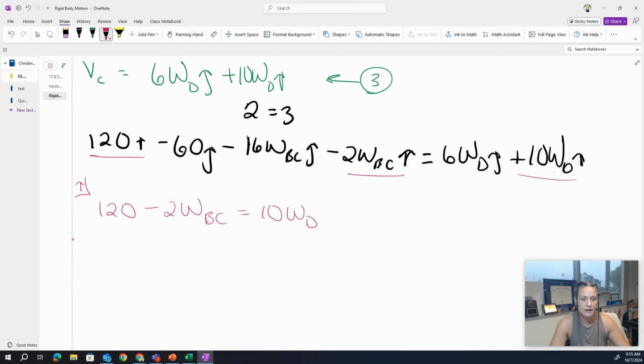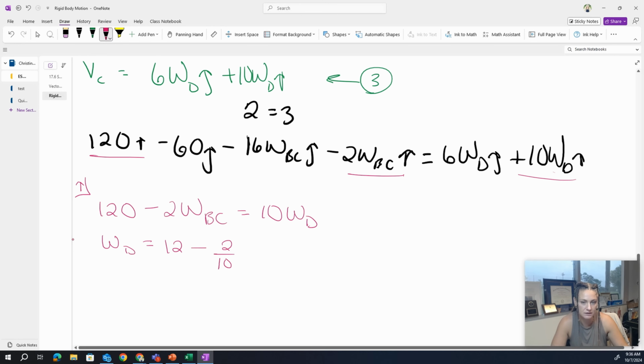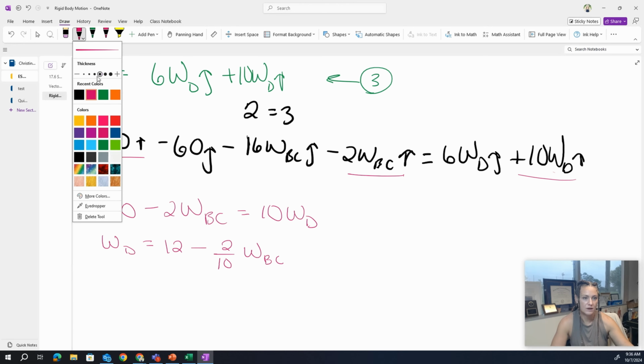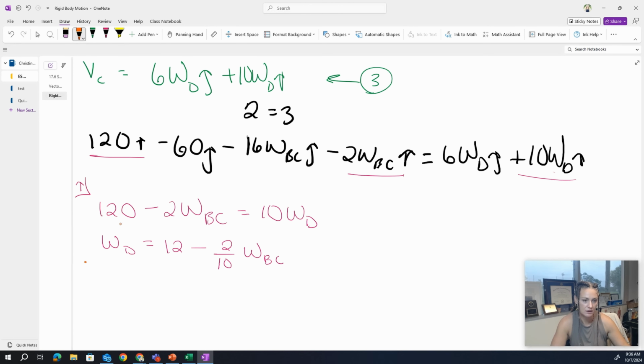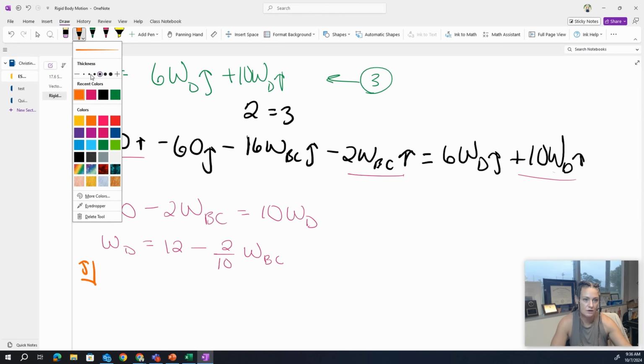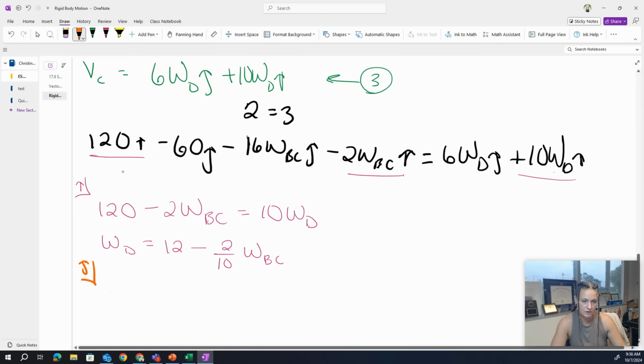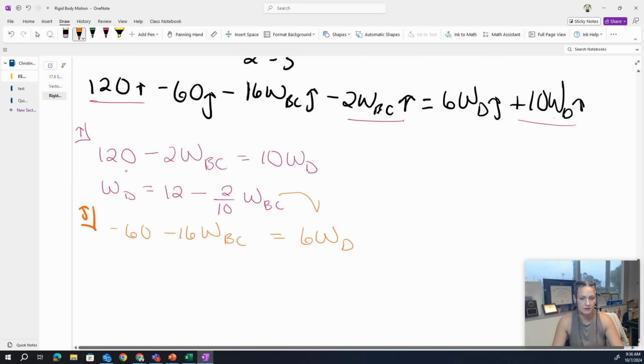And I can go ahead and solve for omega D here. So omega D is going to equal 12 minus 2 divided by 10 omega BC. Okay, and then I can calculate my next set of terms, my J terms. It's going to equal -60 minus 16 omega BC equals 6 omega D. And I'm going to plug in my omega D here.